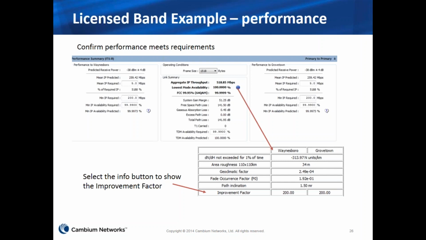So with increasing modulation mode, the fade margin decreases, and hence the improvement factor will also decrease as the mode increases. But looking at this information, it will give you an idea if there's any further improvement that can be expected by increasing the separation, for example.